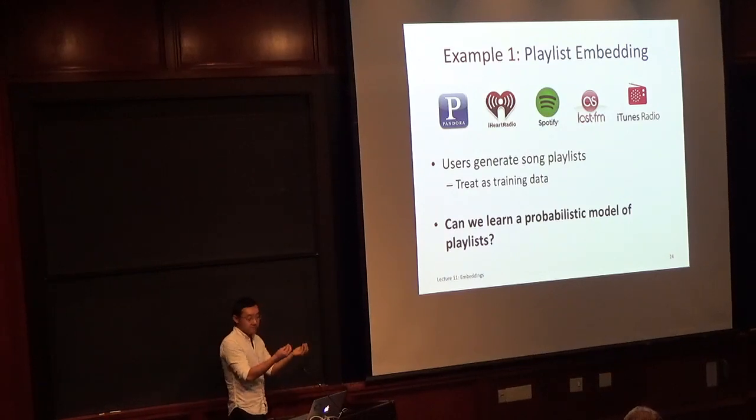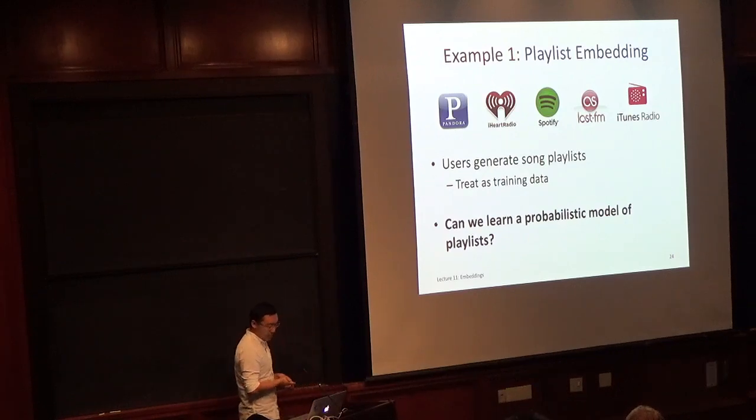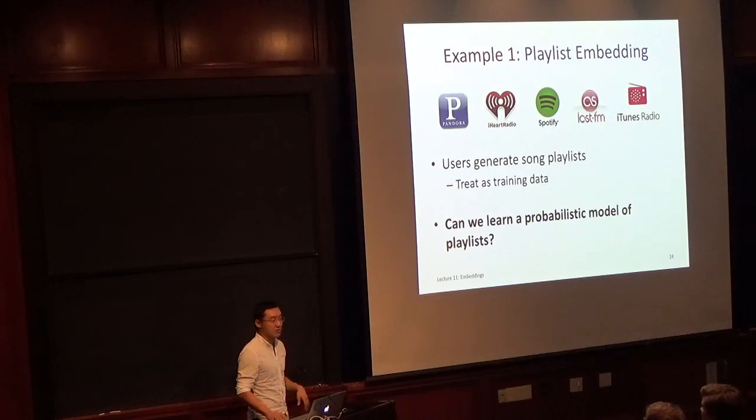Each data point now is a song, or just a song ID. In this case, let's say there are no features. And we learn an embedding of songs such that this embedding has some semantic structure that corresponds to some modeling task that we have. I'll make this more concrete in a few slides.